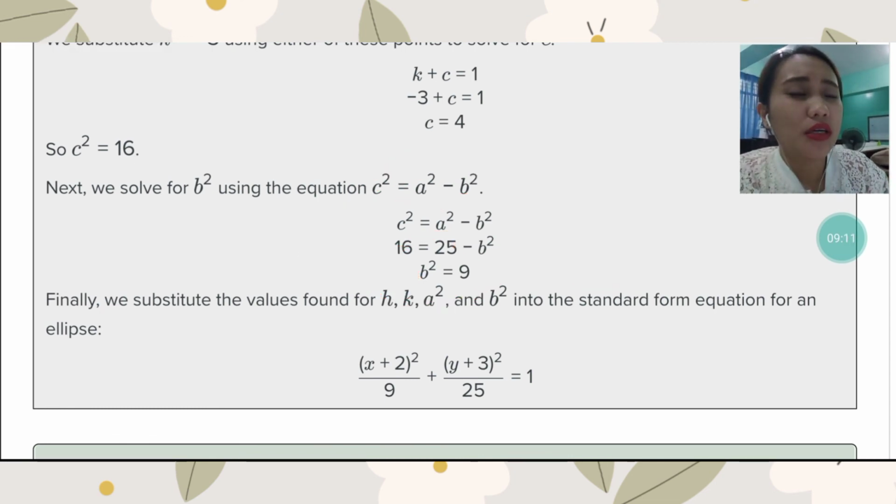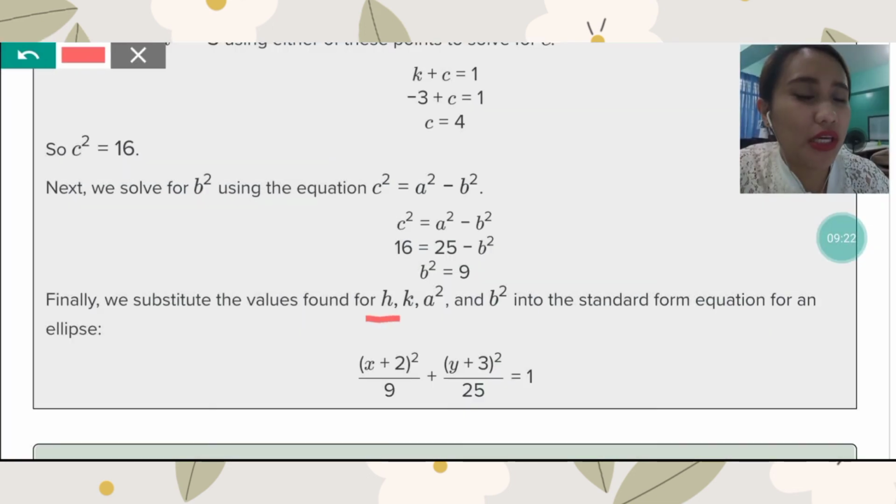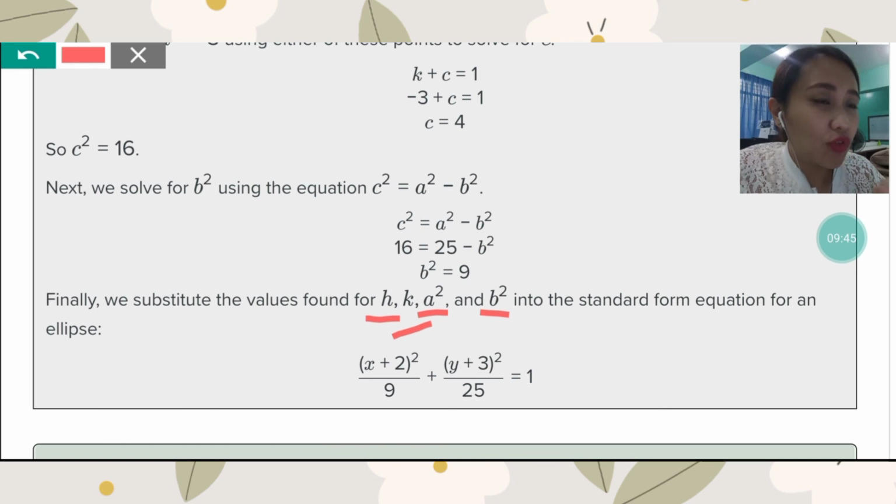Then since we have already solved for all of the values, we already have the values of h, k, we already have a, and we already have b. So going back to the standard equation, that's x plus 2 squared. If you are wondering why 2 is positive, we know that the formula was x minus h, so if that's negative of negative 2, that will become positive 2.